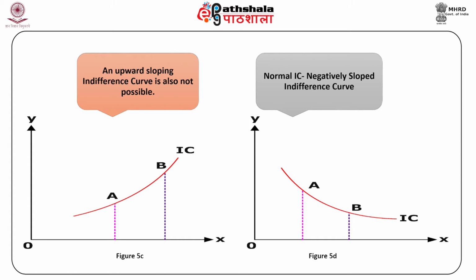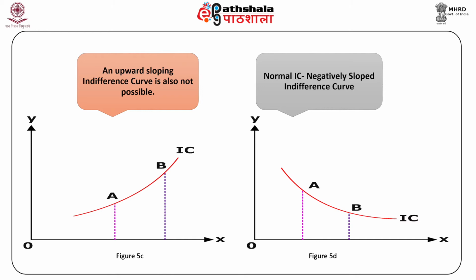In all the three situations discussed above, the satisfaction level of the consumer rises as he moves from point A to point B, since he starts to consume more of at least one commodity. Therefore, normal indifference curves cannot be horizontal, vertical, or upward sloping.